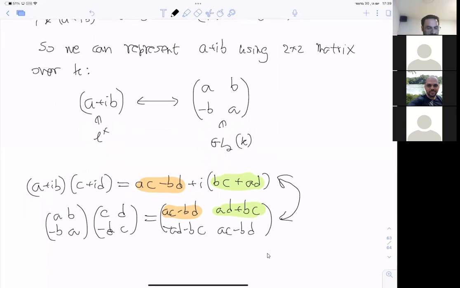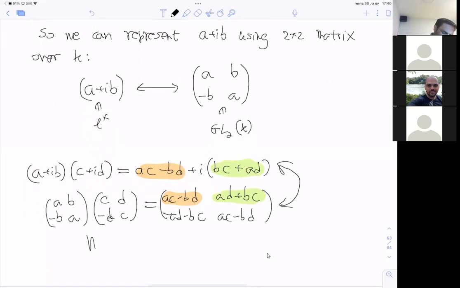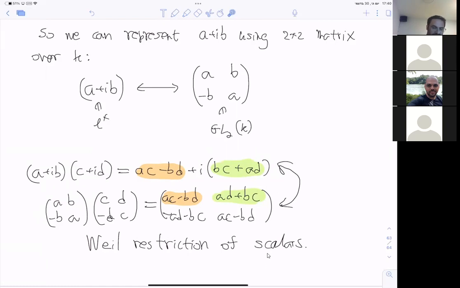Okay. So you always get this kind of matrix. I'm not sure it's called an antisymmetric matrix, or something like that. No. This is called Weyl restriction of scalars. I mean, you just represent the extending field using a matrix from a lower field, okay?